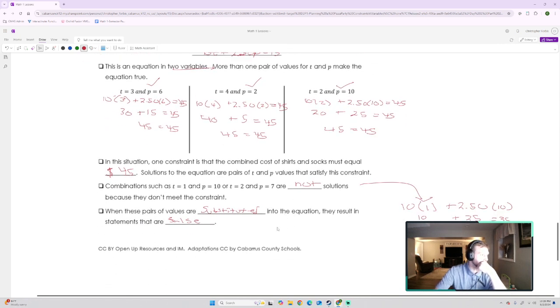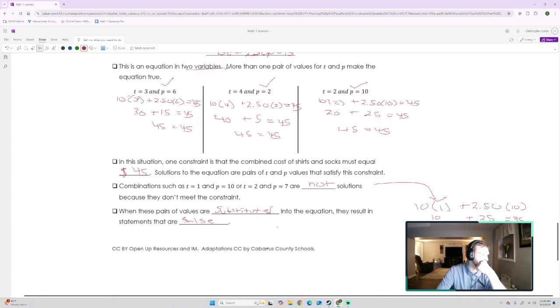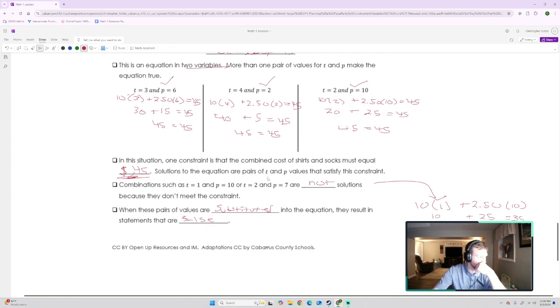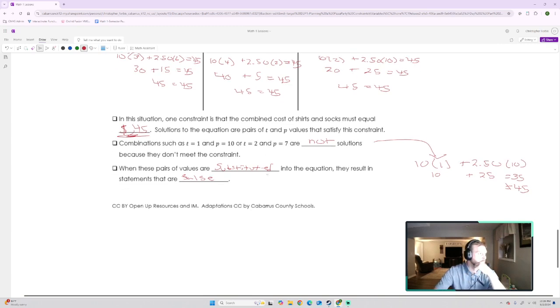In this situation, one constraint is that the combined cost of shirts and socks must equal $45. You can see that above right here. It says that Tyler spends $45 on tees and socks, and we talked about what constraints were last video. Solutions to the equations are pairs of T and P values that satisfy this constraint.